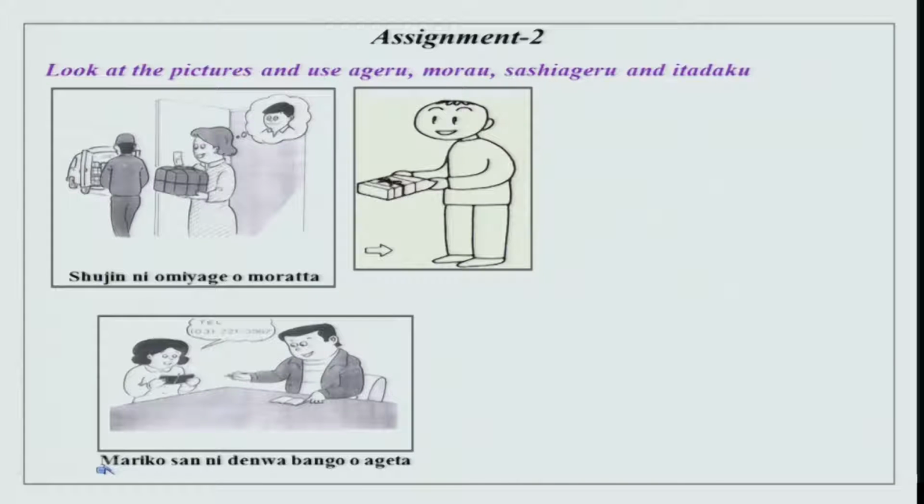If we remove this arrow from here, so well, what is it? Sensei ni itadaita, received from sensei, because the arrow is pointing towards him. And if we remove the arrow, then sensei ni agemashita or sashiagemashita, as it should be in case of your teacher.